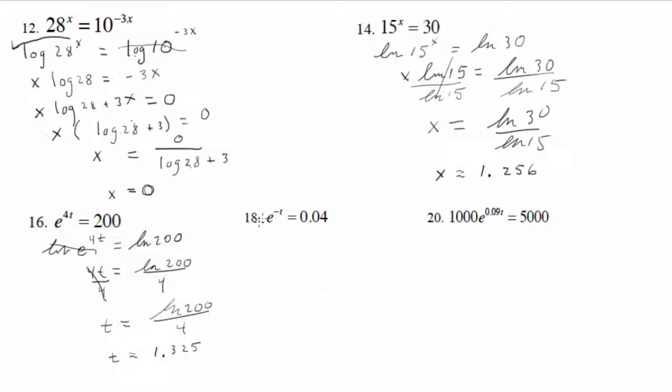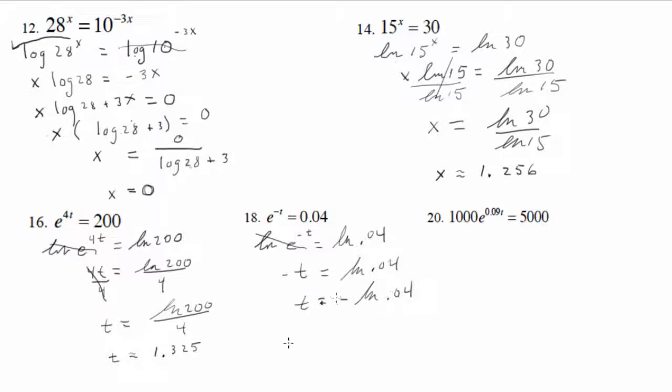Okay, next one. Again, I see base e, so I'm going to natural log both sides of that. And these cancel here, leaving negative t. And then if this is negative t, I'm just going to multiply both sides by negative 1, and I have t is negative natural log of 0.04.